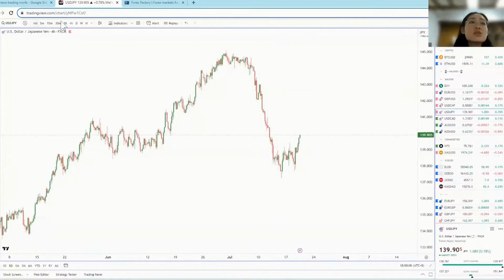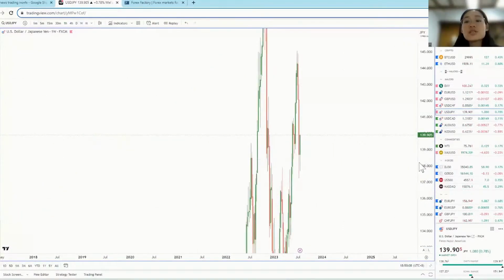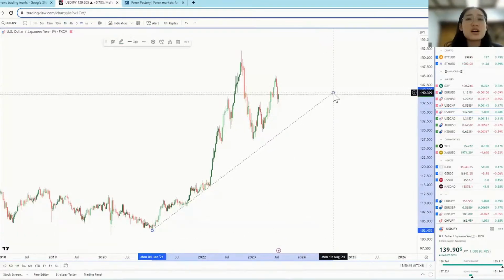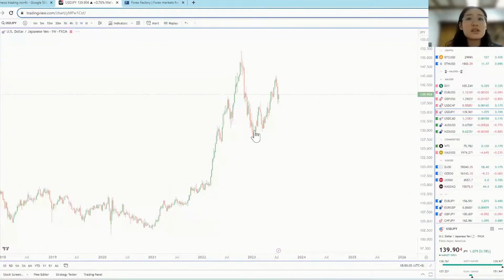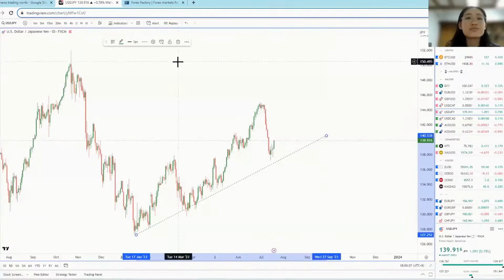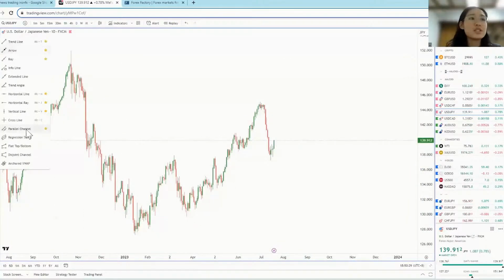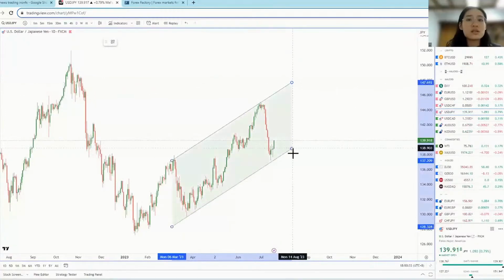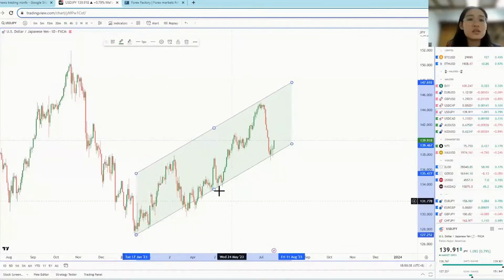Okay, so same thing, we're gonna look at the higher time frames first. You see, there is a general upward trend on the Japanese yen on our daily time frame as well. Yeah, we have this ascending trend line here. I think we even have a channel. Yeah, okay, we have this channel as well.